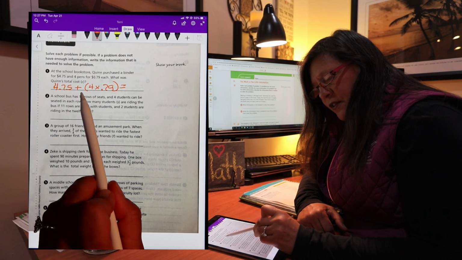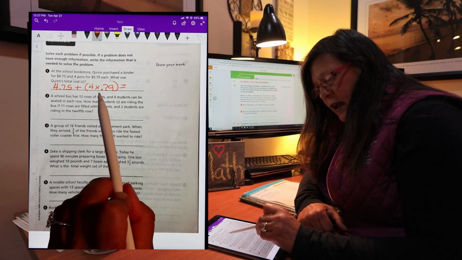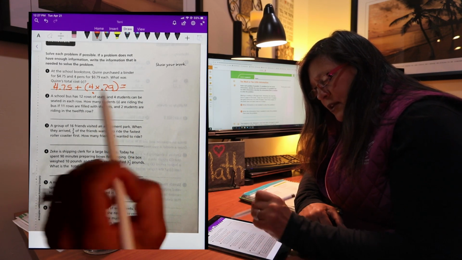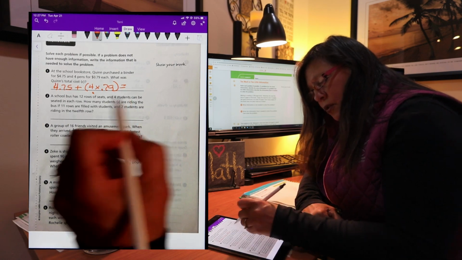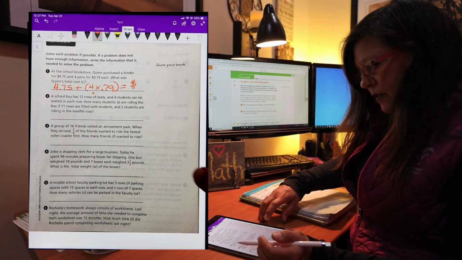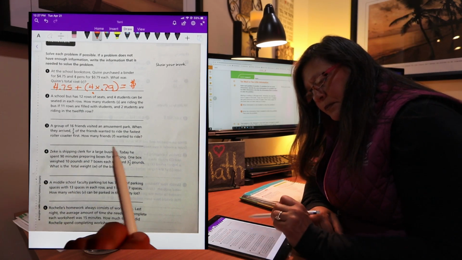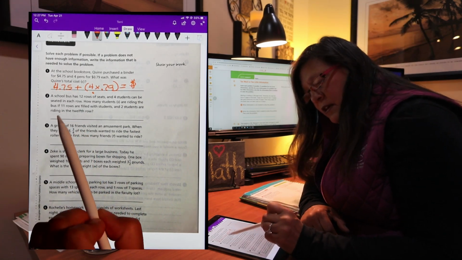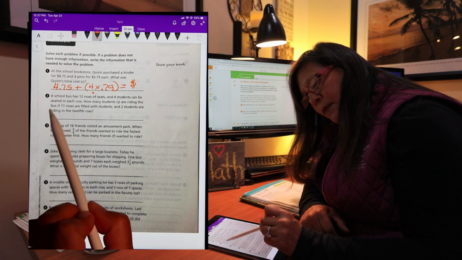So you're going to take your 4.75 plus, after you get your answer 4 times 0.79, you're going to get your total amount, and that is going to be a label of dollars. You can check your answers at the end of the day when I post it on the classroom website.